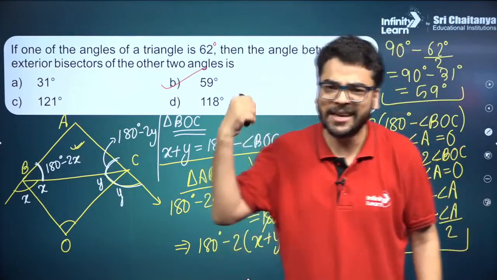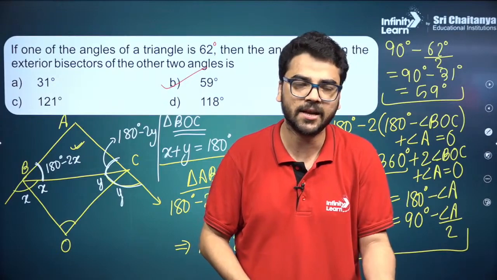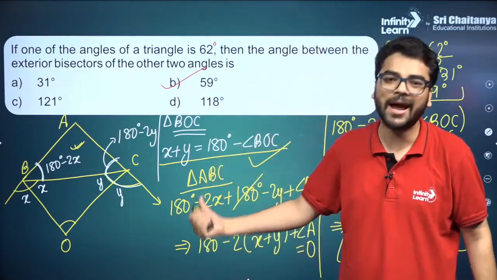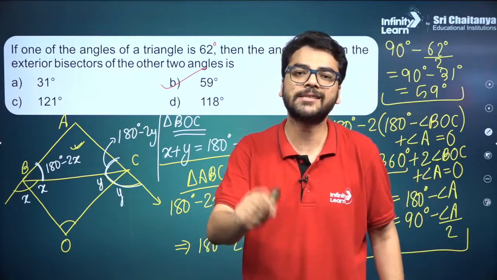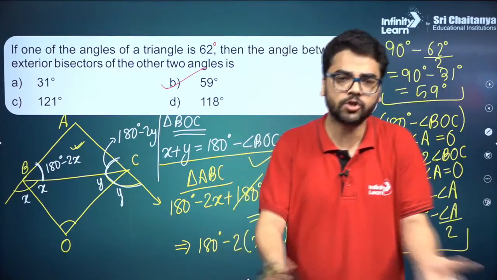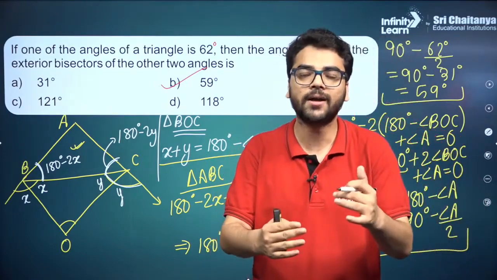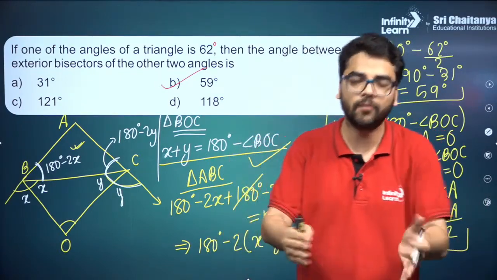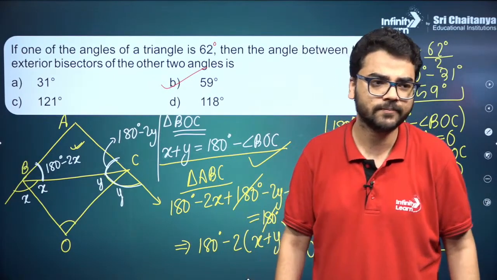These results must be on your tips, because you don't have that much time in competitive examinations to derive them. And you must also know the proof as well. Suppose it has come in your school examination, you cannot directly write the answer. You have to prove it as well. I hope this is clear to every student in this session.